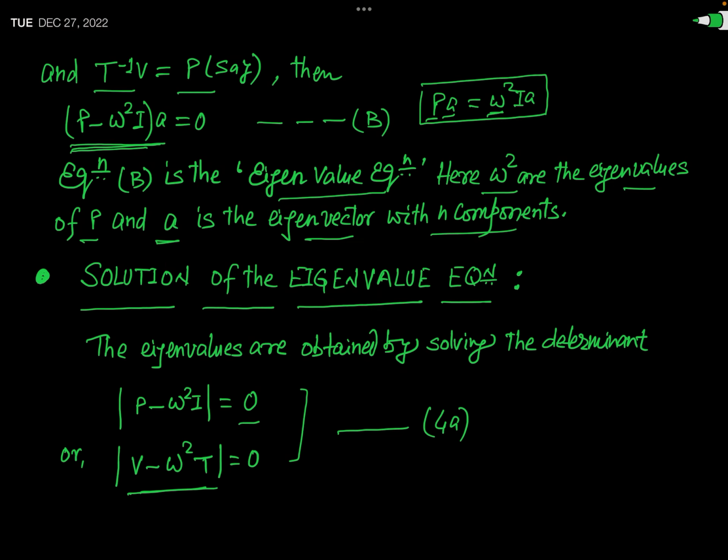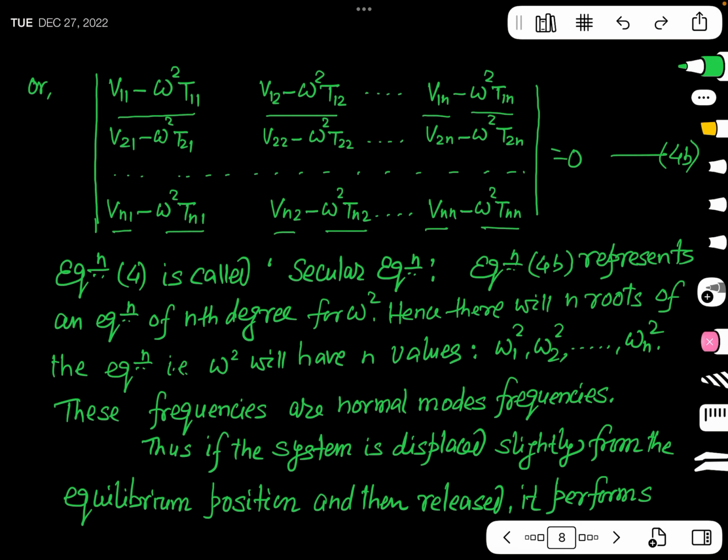Now this secular equation is actually an equation of degree n for omega square, because this equation is in the form of an n by n matrix.